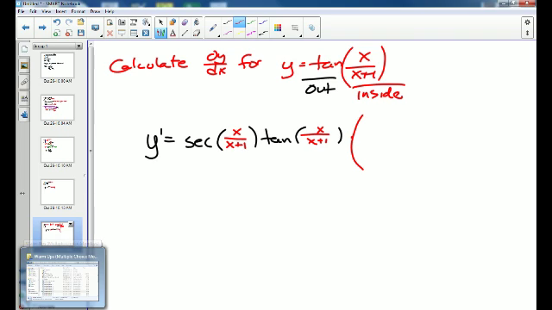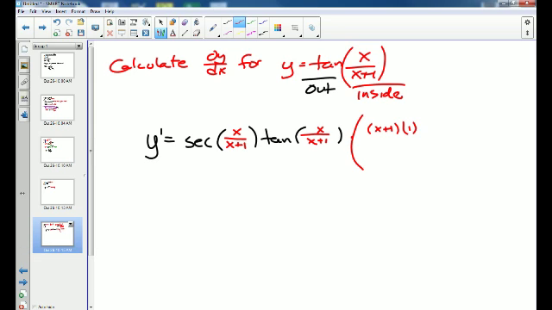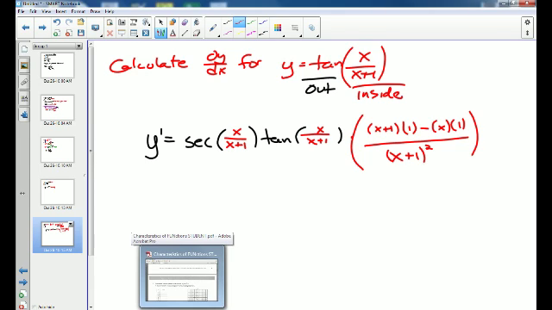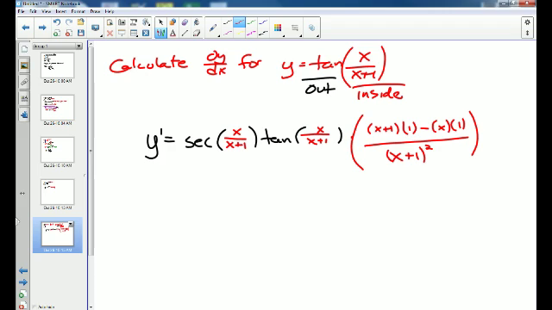Is it high D low or low D high? Low D high. So it's a quotient rule: low D high minus high D low, over the square of what's below. We're just going to leave that.